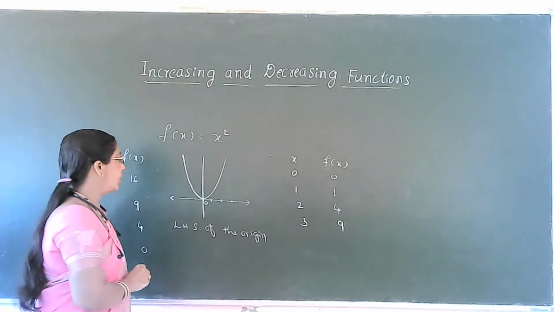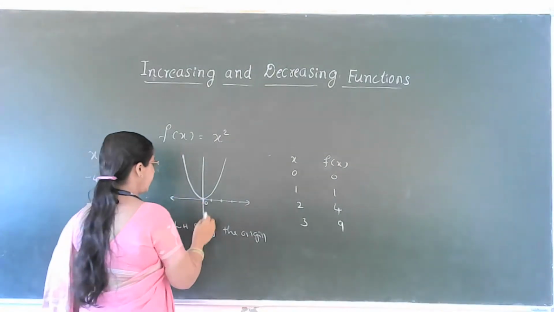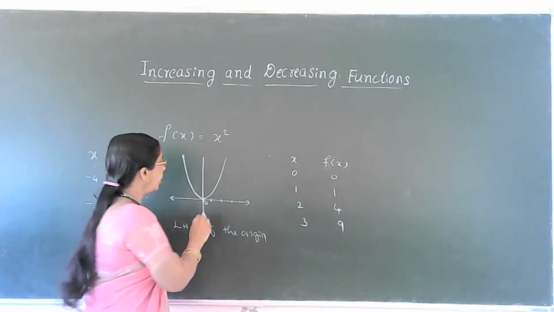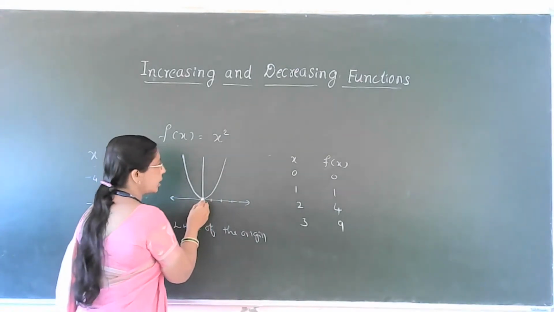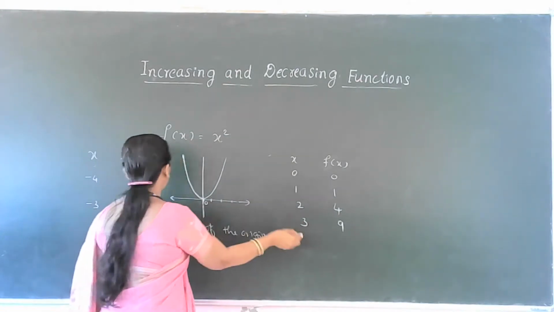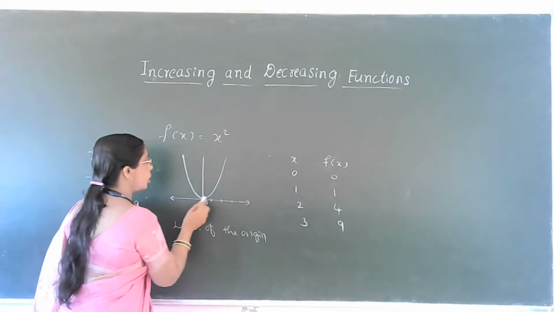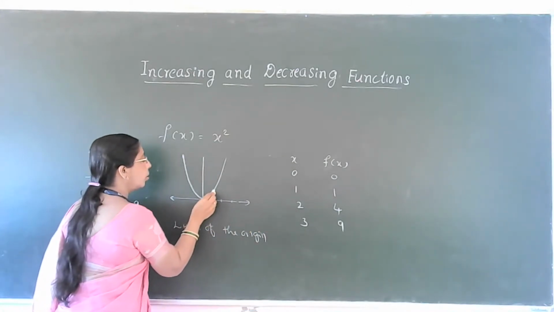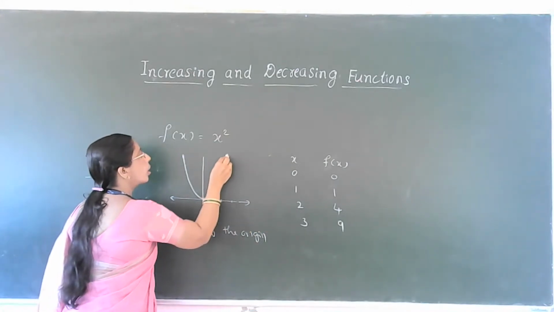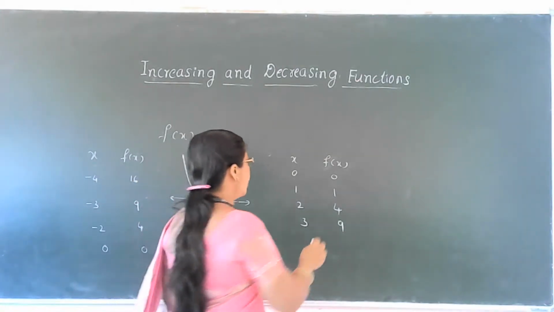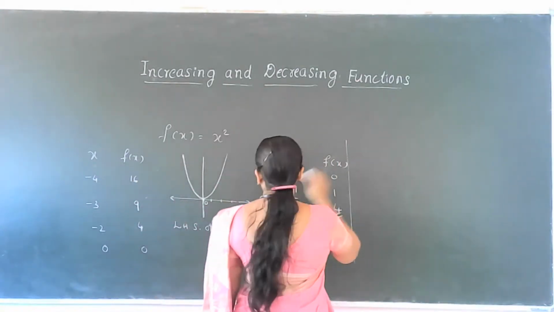The height of the curve is decreasing. On the right, when x is greater than 0, the height of the curve is increasing. The height of the graph is increasing.